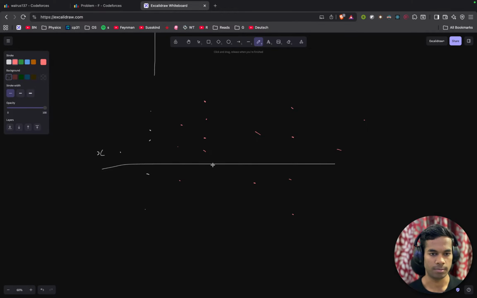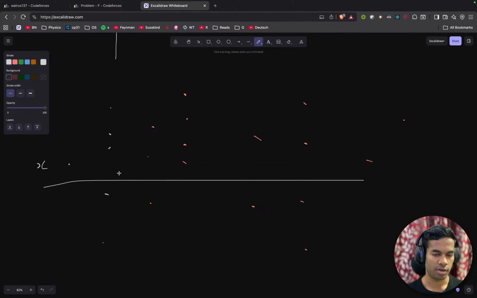Our task is to go through all of these points without missing a single one, and we cannot move backwards, and we have to move the least amount of steps that we can. And in one step we can either move one point in x direction or in y direction.